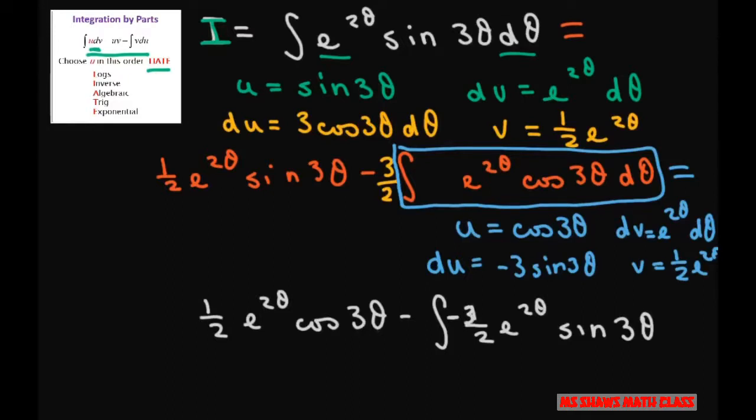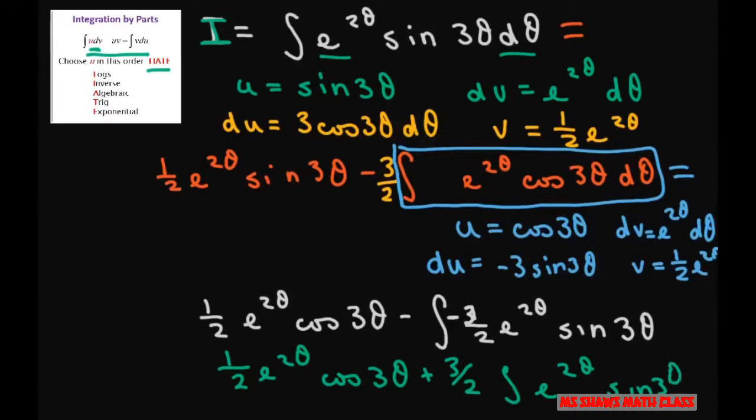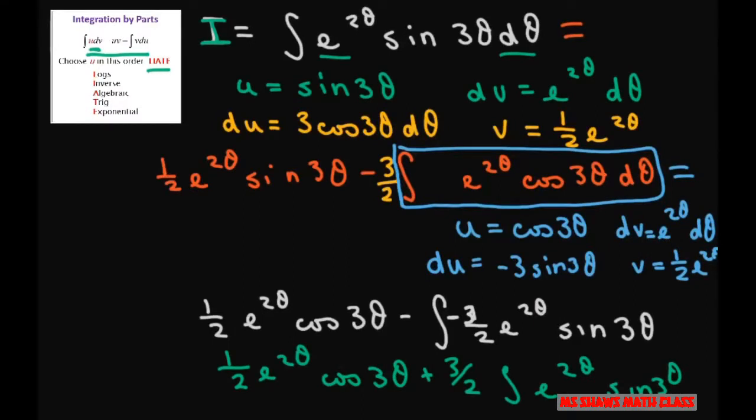What we want to do is rewrite this as 1/2 e to the 2 theta cosine of 3 theta plus 3/2 times the integral of e to the 2 theta sine of 3 theta d theta. Whoops, sorry, getting too close. This is supposed to be d theta here.